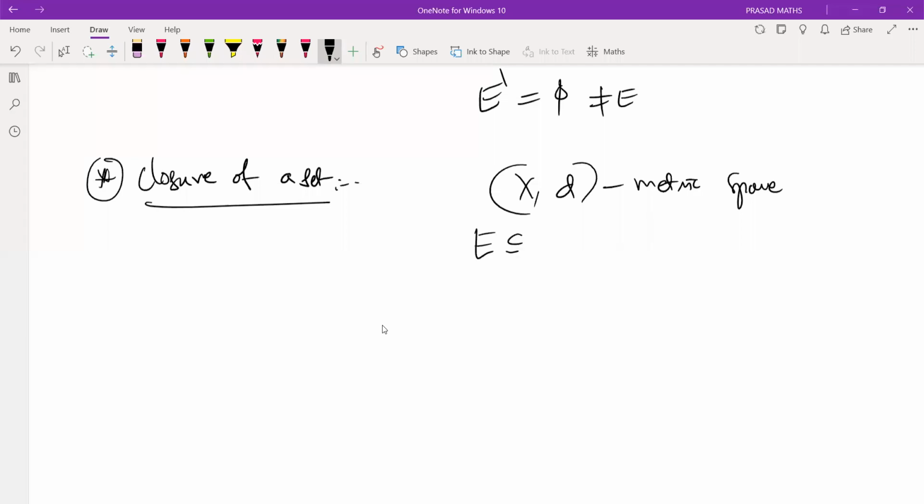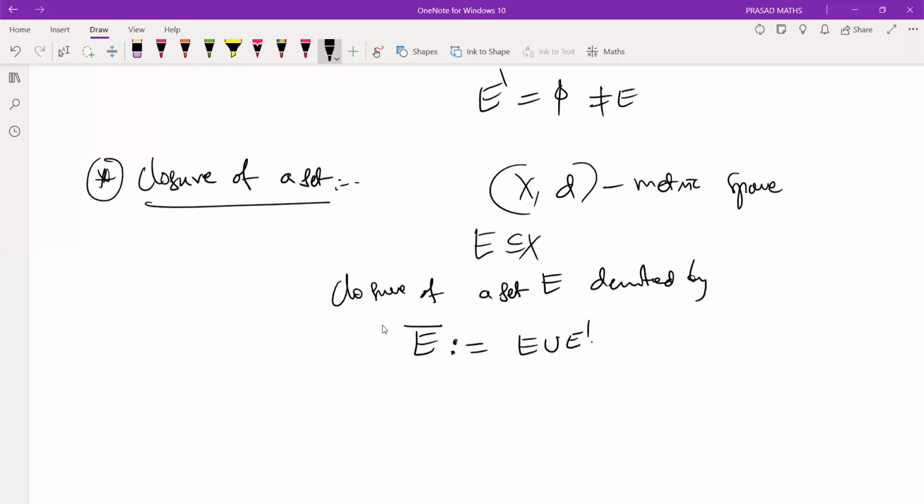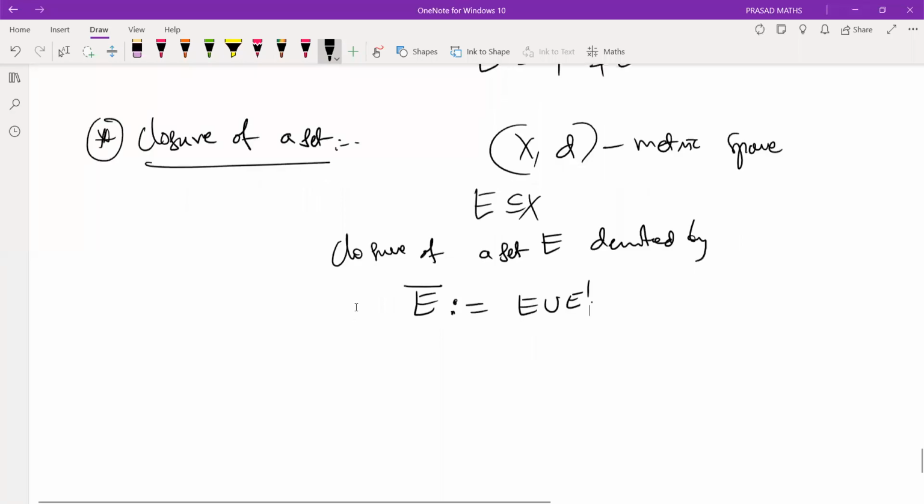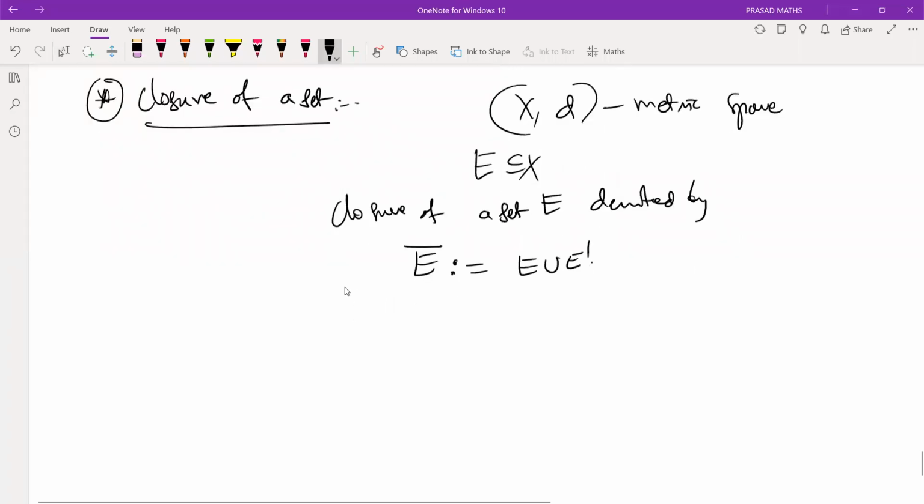You take any E that is a subset of X. The closure of the set E, which is denoted like this, we can call the closure of E, is defined as E union its derived set. This is also a very, very important definition: E union its derived set.